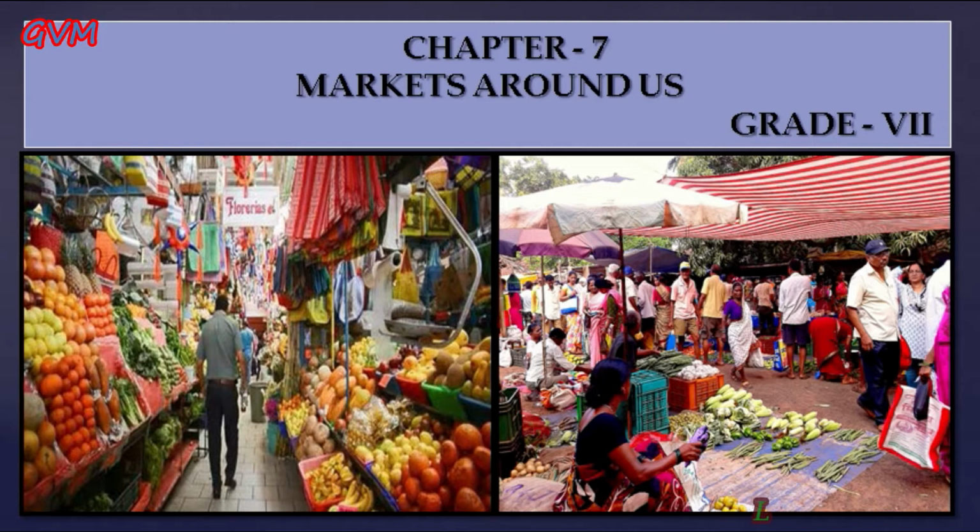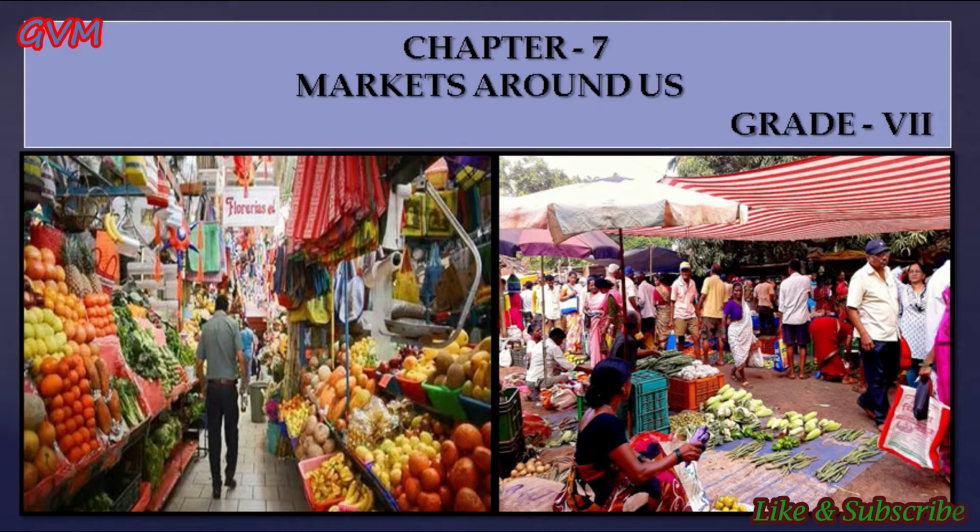This is your civics teacher here, and today I am here with a new chapter of NCERT grade 7, that is Markets Around Us. Well, students, a market is one of the busiest places in a society, and it is a place from where we get all our commodities and all the items of our daily lives.